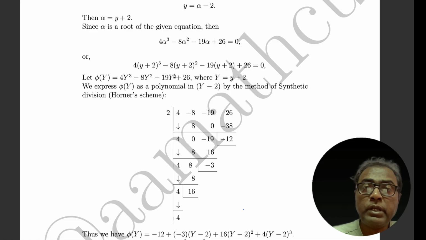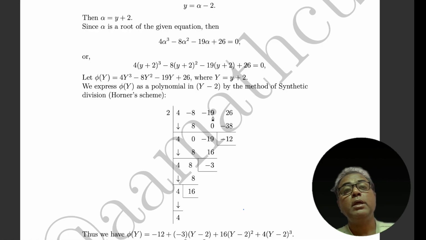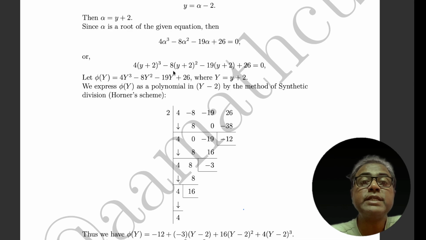If any term is absent here, say suppose this minus 19y is absent, then we put 0 here. So put all coefficients with sign, complete: y cube, y square, y, and constant. If any one of these terms is absent, put 0 for the absent term.